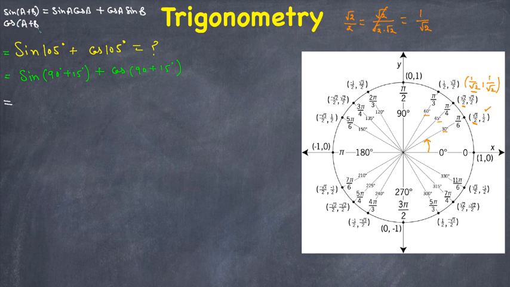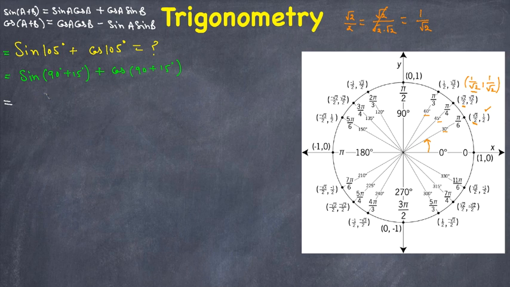Cosine A plus B is cosine A cosine B minus sine A sine B. So we're going to use these t ratios or identities over here.